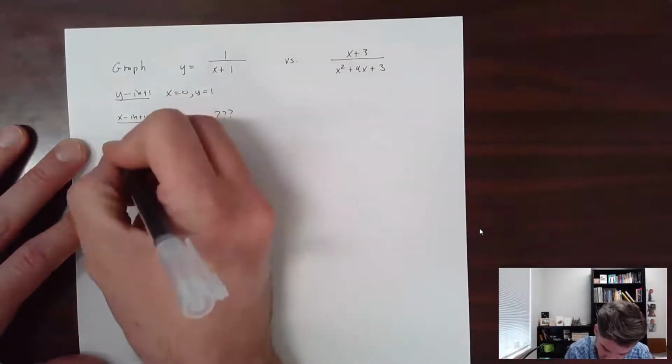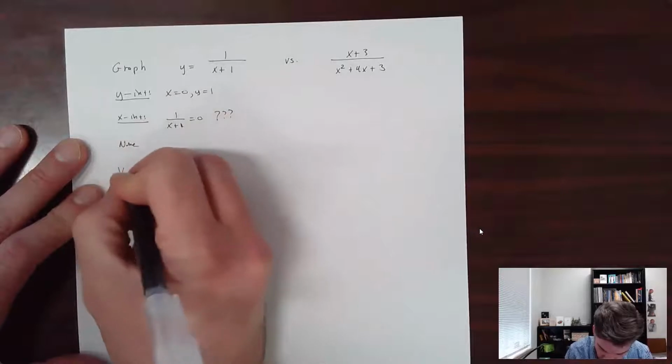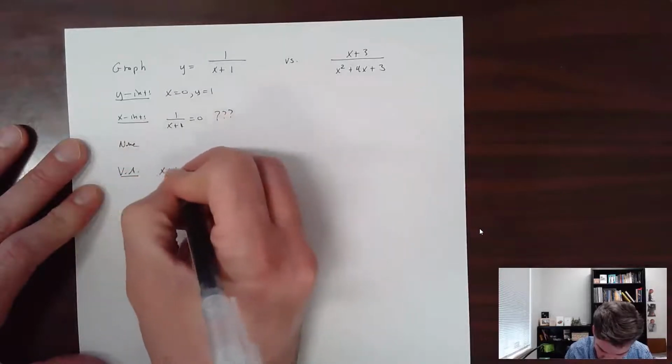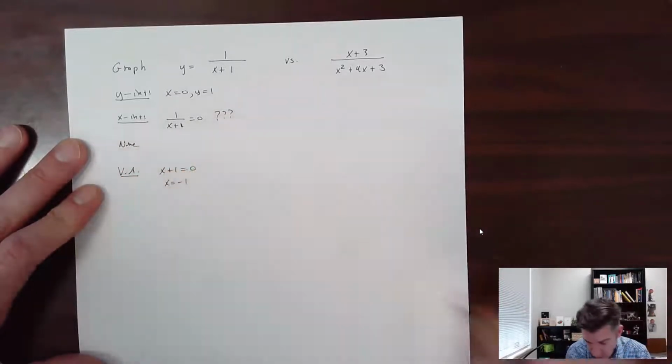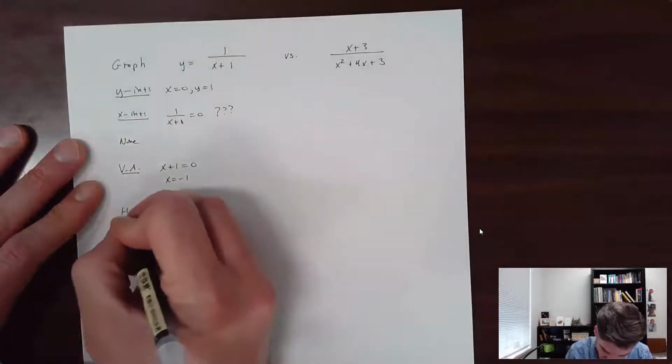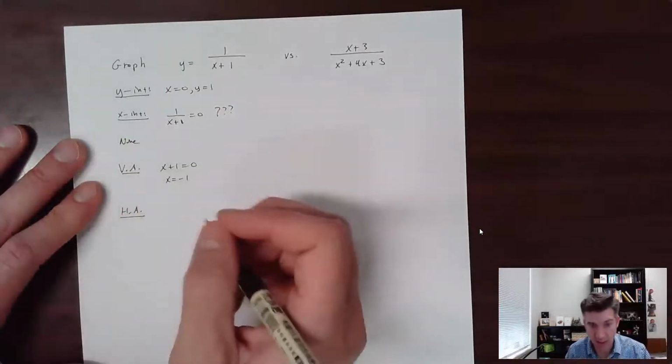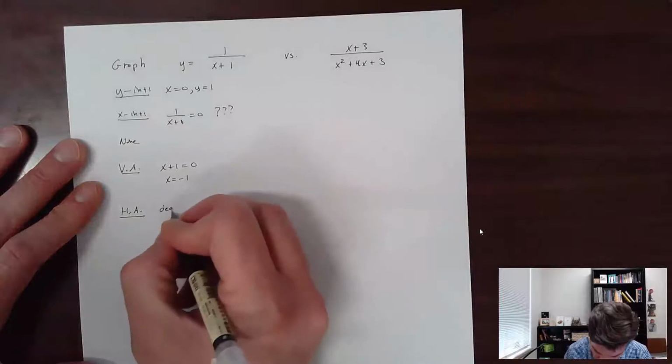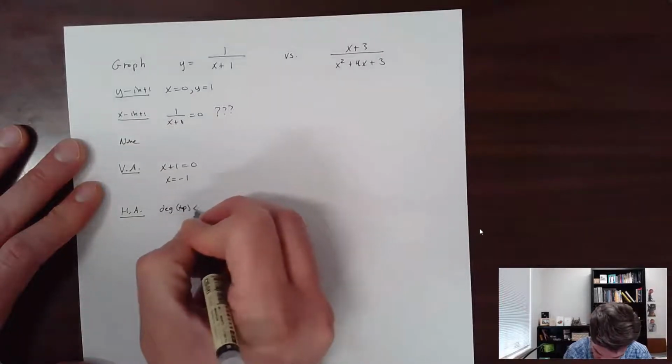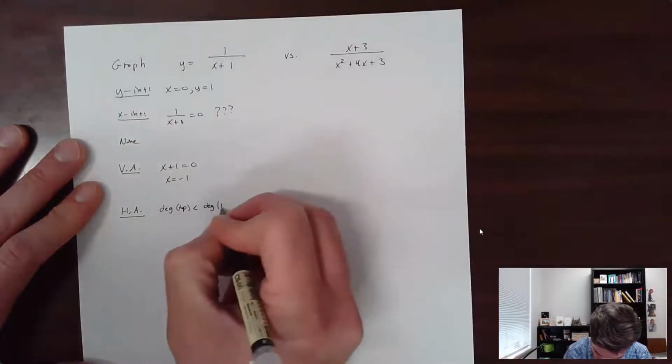So none. My vertical asymptote, I set the bottom equal to 0, I get x plus 1 equal to 0, so x equal to -1. And finally, for my horizontal asymptote, since the degree on top is less, we know it's going to be 0.